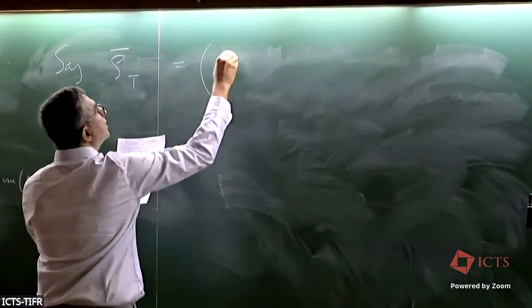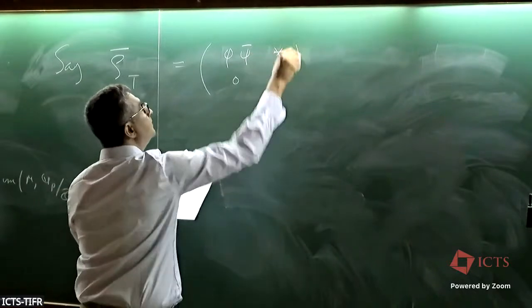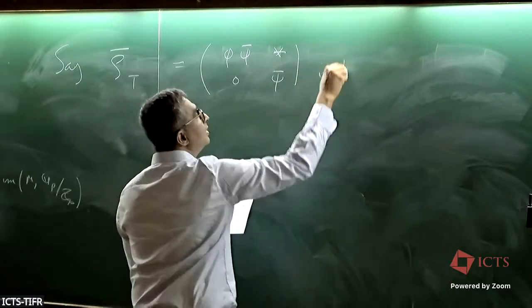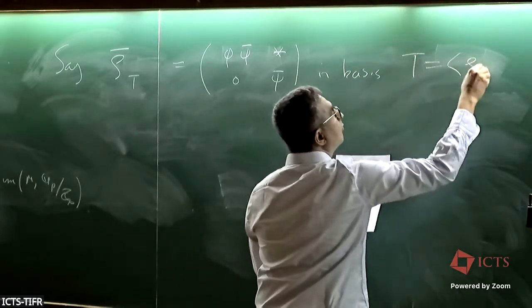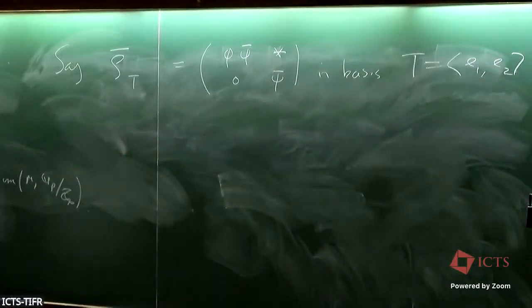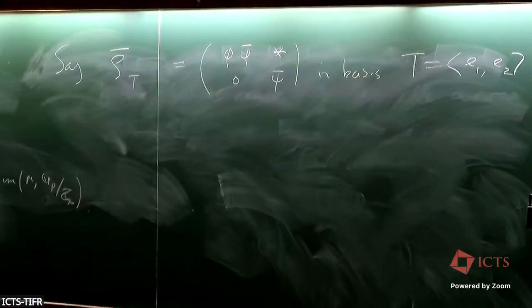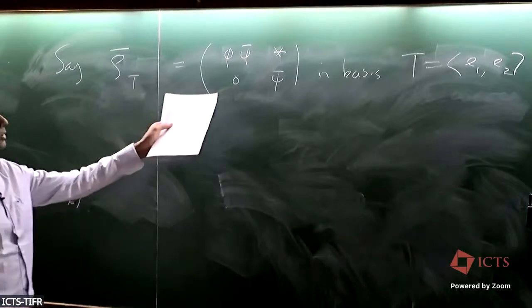This may look a bit strange, but I'm going to write it as phi, psi bar, star, 0, psi bar. Suppose that you can choose a basis such that mod p, this representation is just semi-simple, just a sum of characters of the form phi and psi bar. The 0 here is important, so it's reducible.